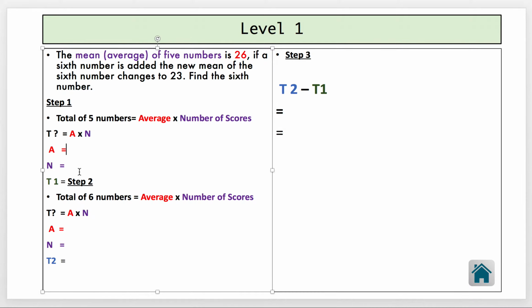A for average. So, what is our average? Our average is 26. N is the number of scores. So, how many scores do we have? 5.